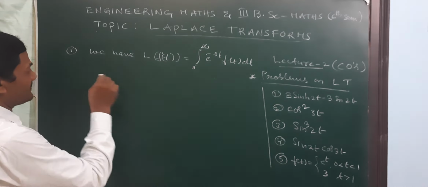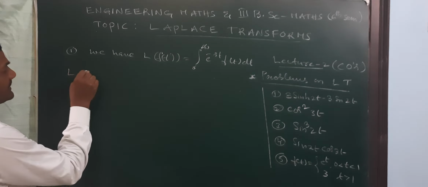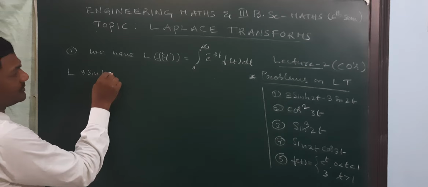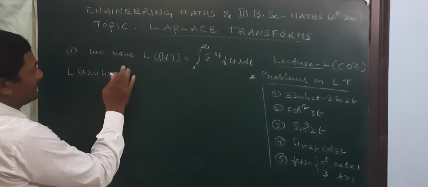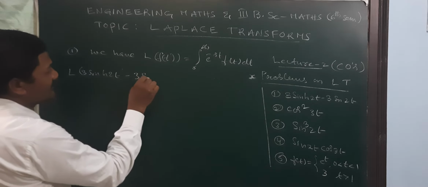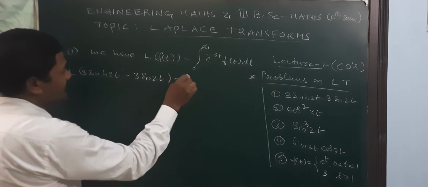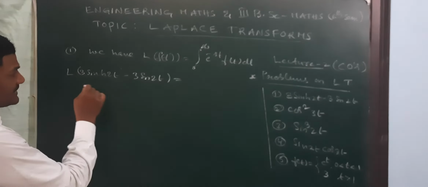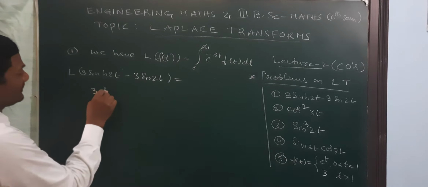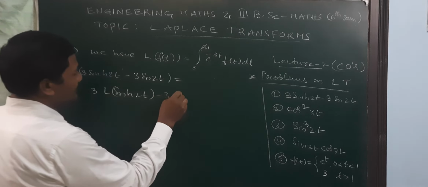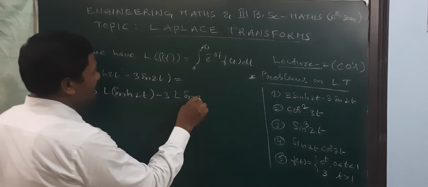So now coming to the first one, L of 3 sinh 2t minus 3 sin 2t. We can split this into 3 times L of sinh 2t minus 3 times L of sin 2t.